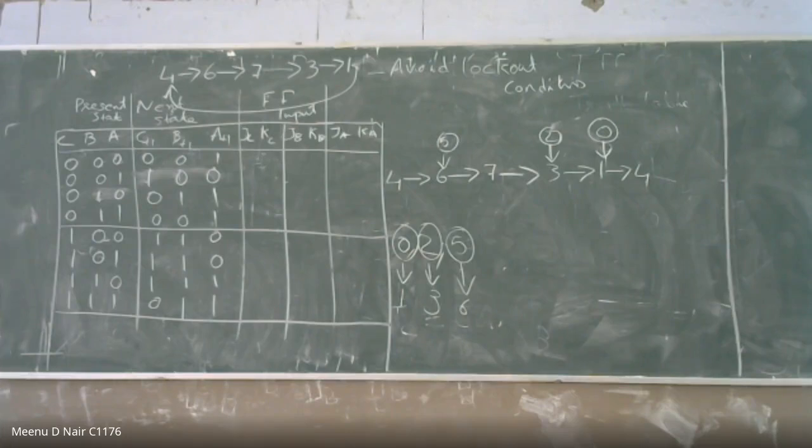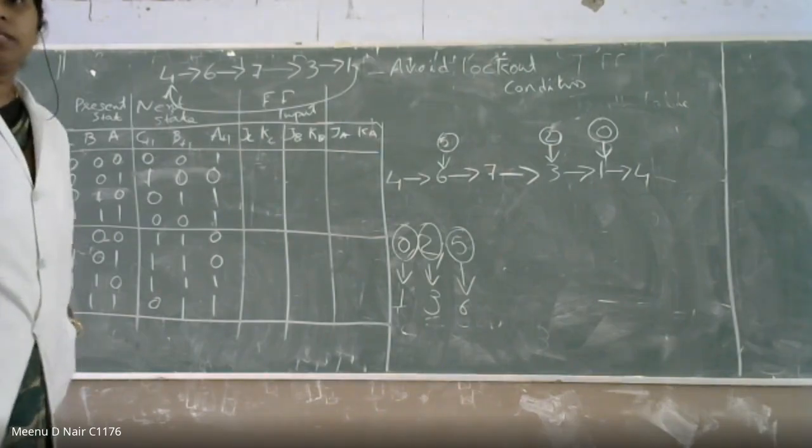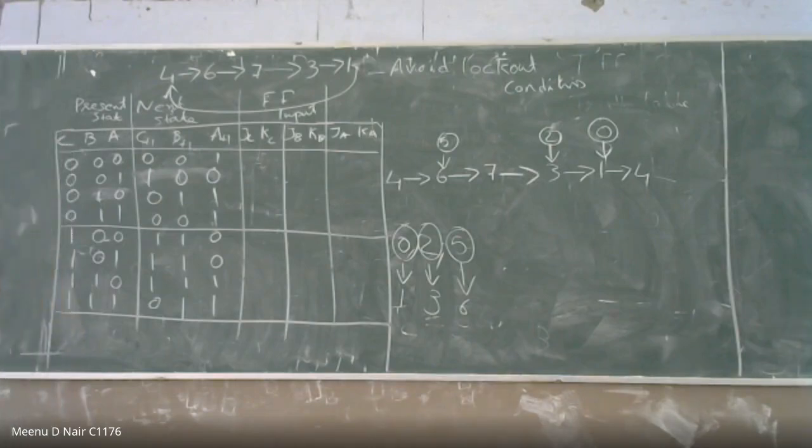How to write? Now you have to find out the flip-flop inputs for JC, KC, JB, KB, JA, and KA.